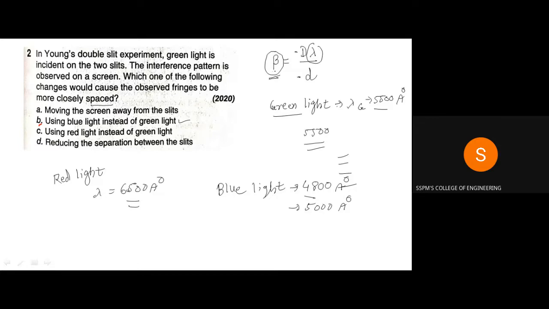We need to decrease here. So lambda should be decreased, meaning instead of using red light we should use blue light. ठीक आहे. ओके. सो दिस द आन्सर.